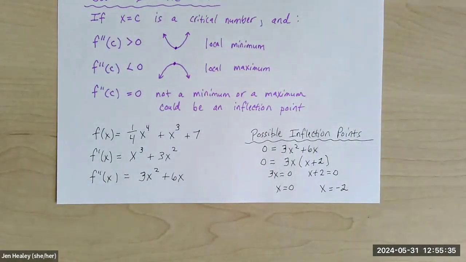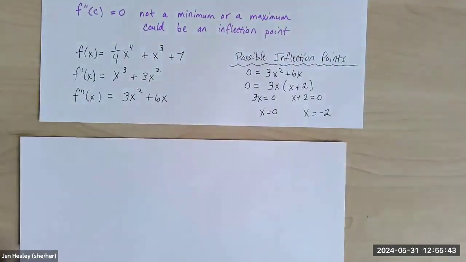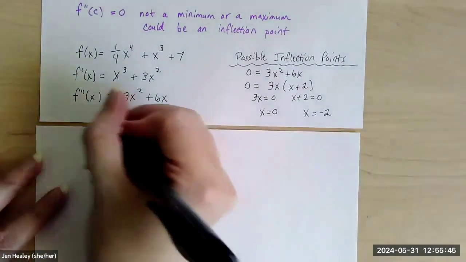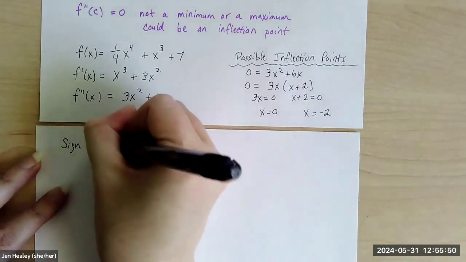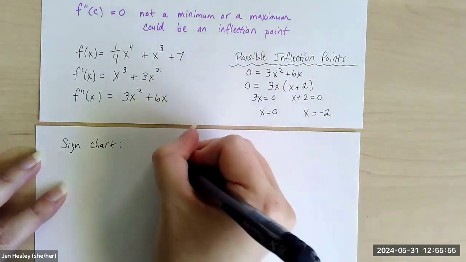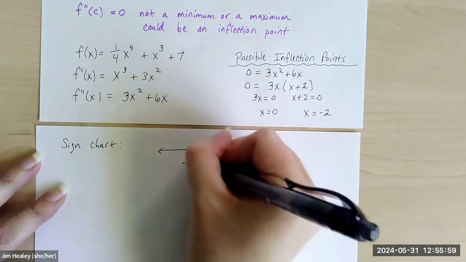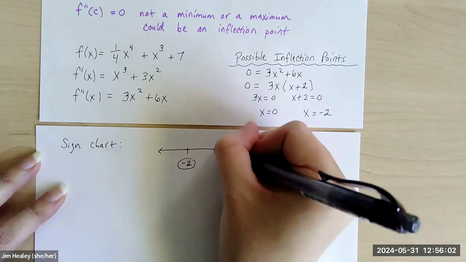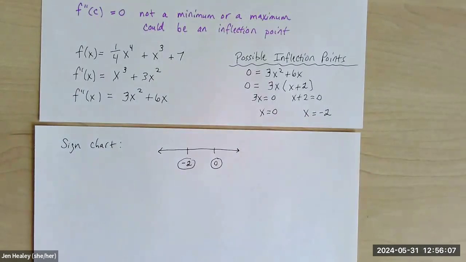To test that, we do another sign chart. -2 and 0. So if we put -2 down and we put 0 down, what we're plugging these back into is the second derivative.